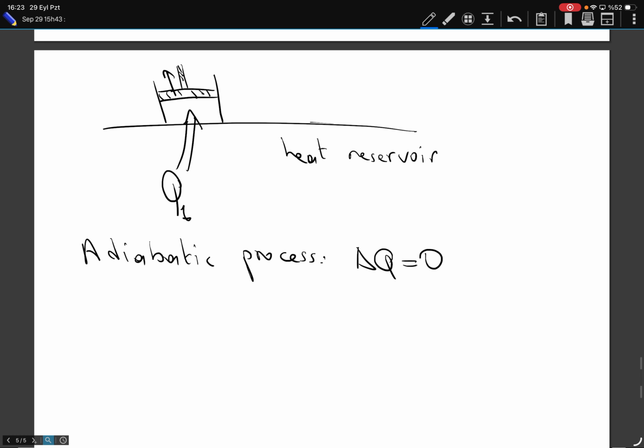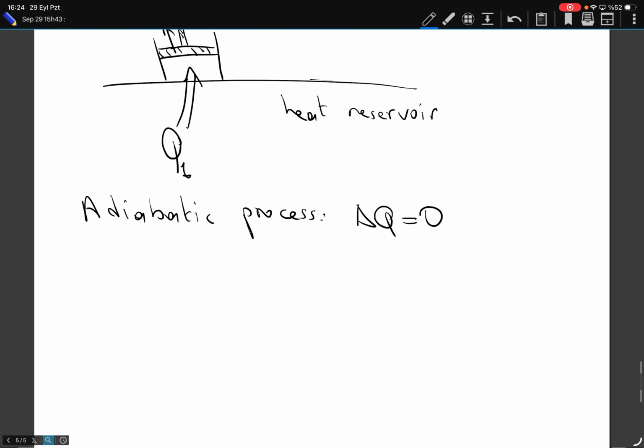You want to be fast enough so that there won't be any heat exchange with the environment, but nevertheless slow enough so that you are not creating any shock waves or anything similar. That is what an adiabatic process is. For the ideal gas, during an adiabatic change, PV to the gamma is constant, gamma being some constant.